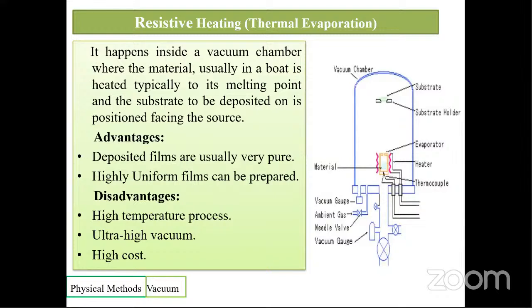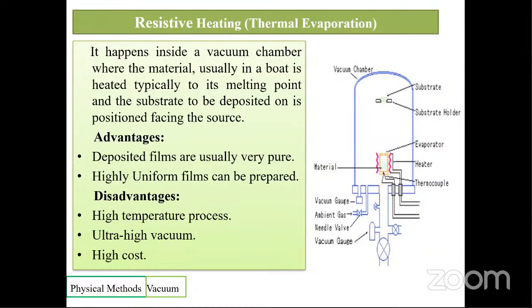So the advantage of this technique is normally these films are very pure, and highly uniform films can be deposited on the substrates, and normally these substrates are glass substrates or Corning 7059, something like that. Every technique has certain advantages as well as disadvantages.